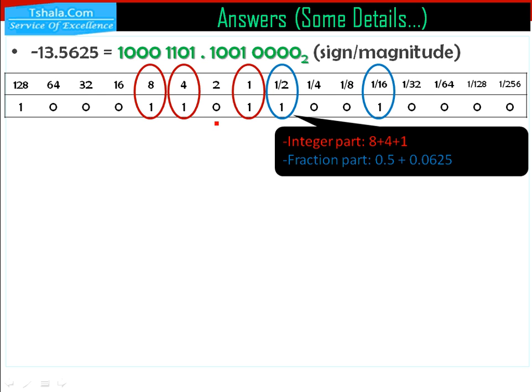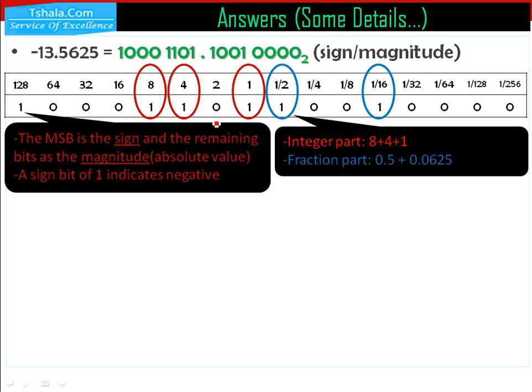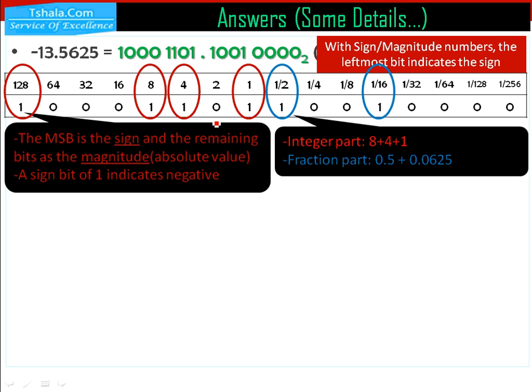We have the integer part as displayed there, all in red, 8 plus 4 plus 1, and then the fraction part, which is highlighted in blue. Note that with a sign magnitude number, the leftmost bit indicates the sign, with a 1 indicating that it is a negative number.